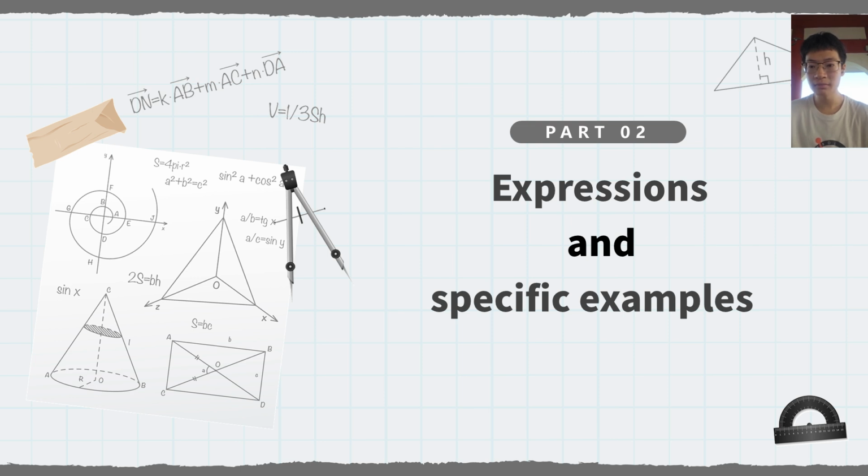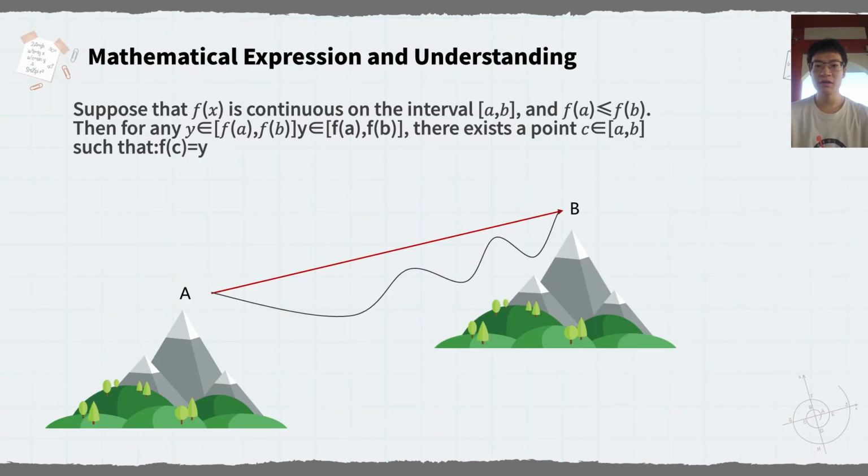Okay, now is part 2. The expressions and specific examples about this theorem. Let's first take a look at the mathematical form of the IVT. Suppose that f(x) is continuous on the closed interval from A to B, and f(A) is less than f(B).